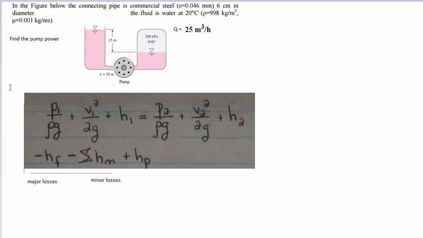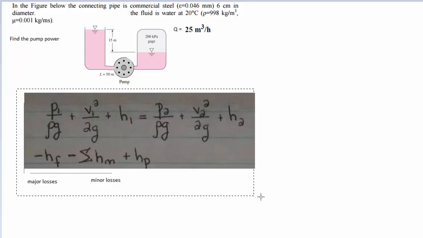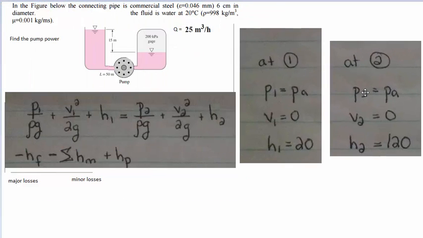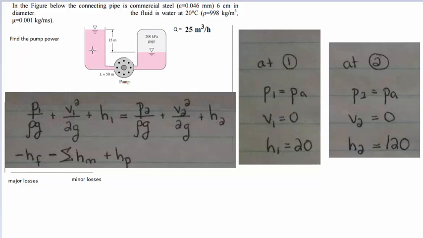Okay, so the next thing to do is to write down what we know about both the locations that we're trying to conserve energy at. Let me try moving this over first. Oh, my bad.